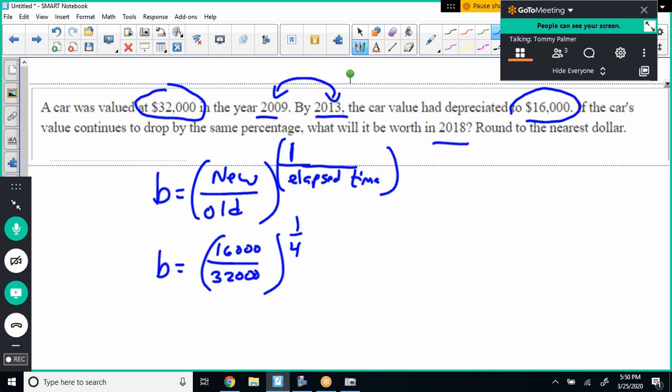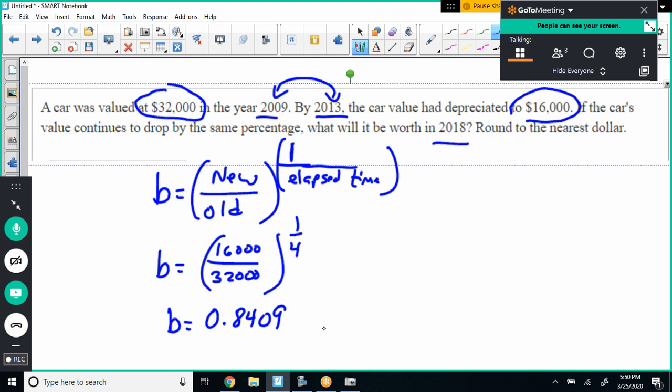So we're going to go parentheses 16,000 divided by 32,000, raised to the parentheses 1 divided by 4, and hit enter. Now I'm taking mine out to 4 decimal places, okay?